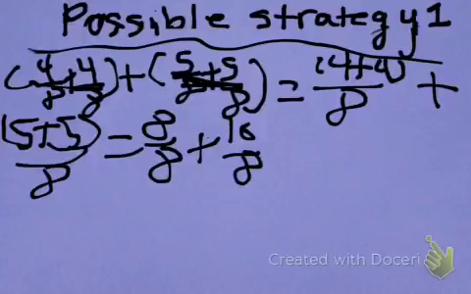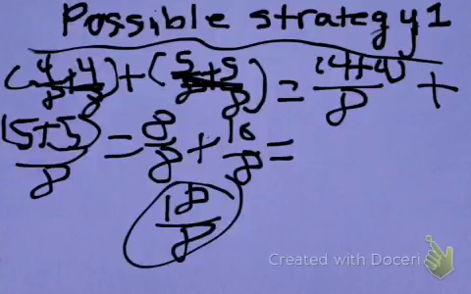Because 4 plus 4 is 8, and the denominator is the name of the fraction, so 8 is that. For this one, 5 plus 5 equals 10, and the same thing for that one. So that equals the final answer, 18/8, which is our answer.